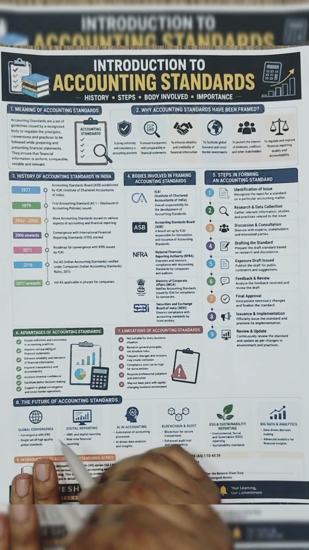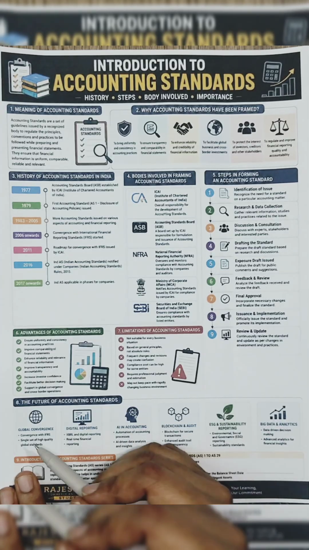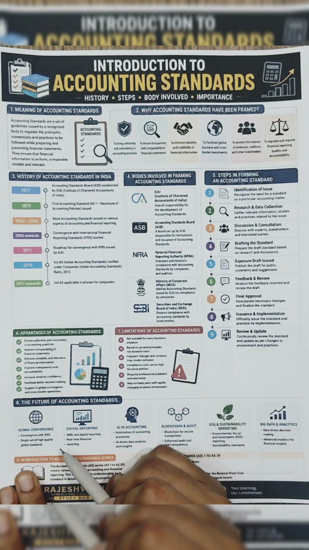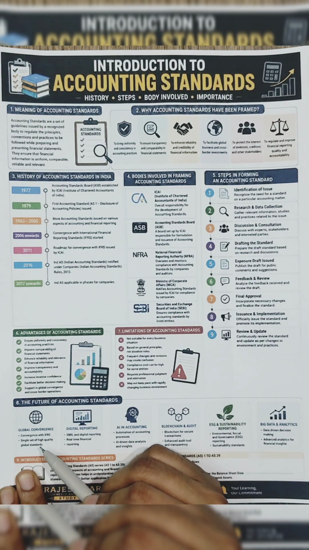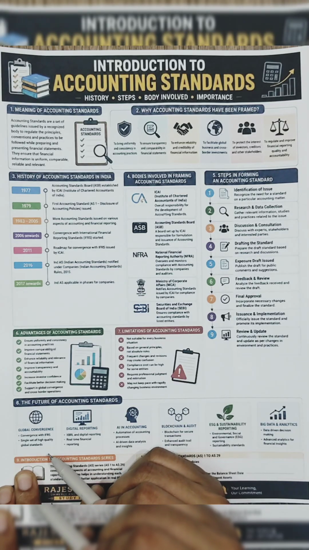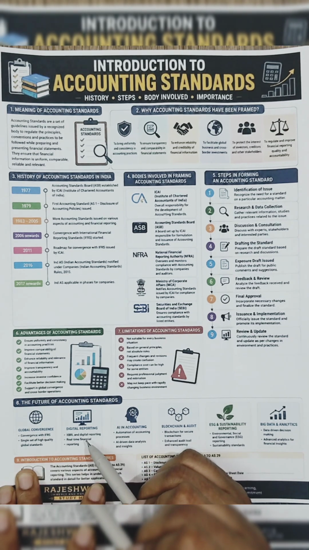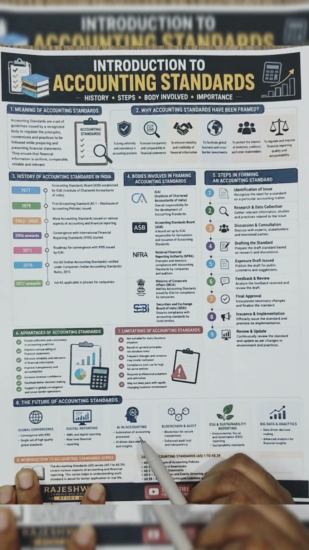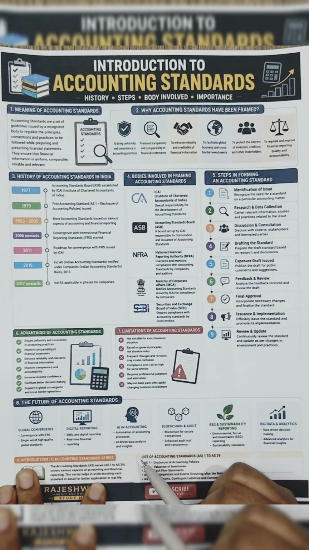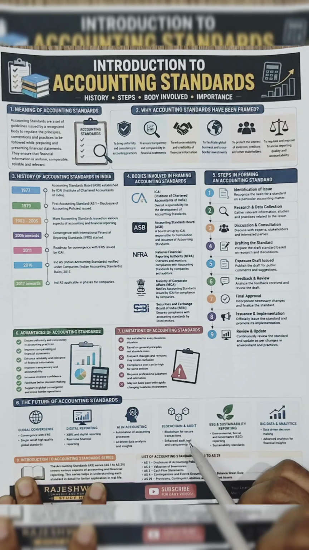What are the future features of accounting standards? Global convergence: we have already converged with IFRS, which is a high quality global standard. Digital reporting: AI in accounting, automation of accounting processes, AI driven data analysis and insights.